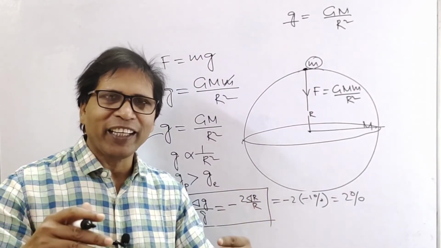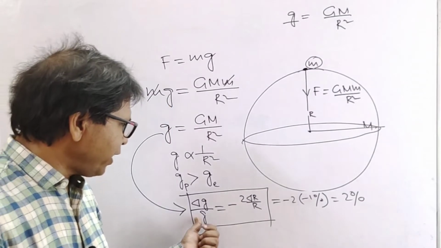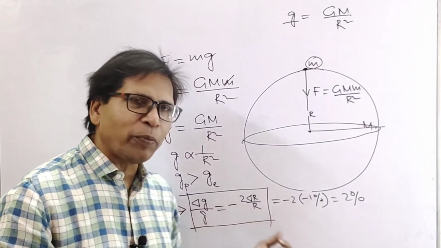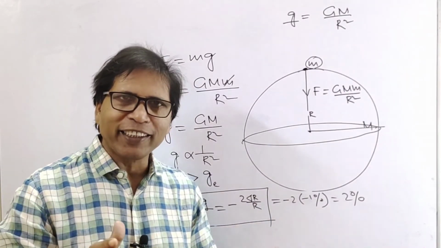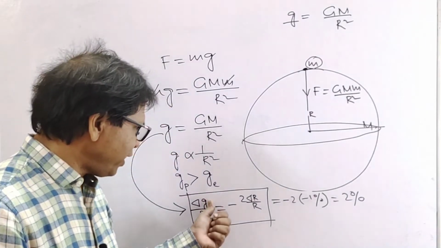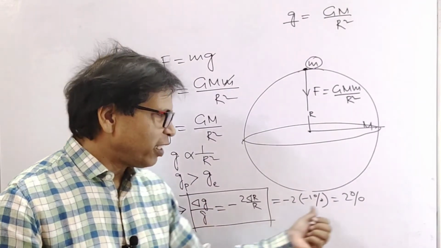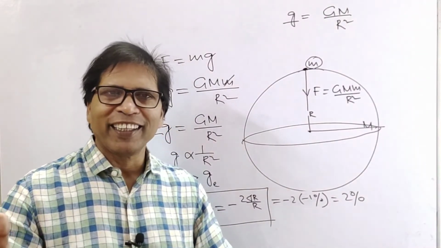In the same way, if the radius of the Earth shrinks by 2%, then acceleration due to gravity increases by 4%.